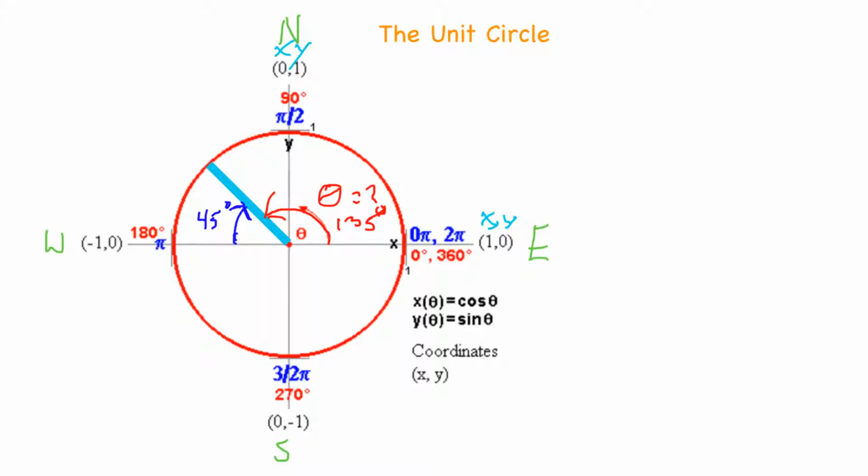So we could put that in if we wanted to, which gives us another way to describe this position of the line. We could say it's 45 degrees past 90.